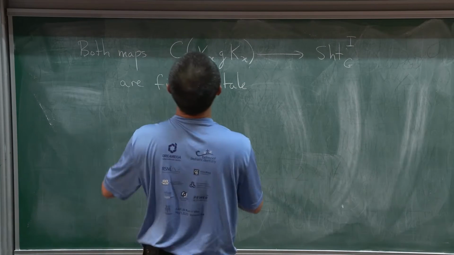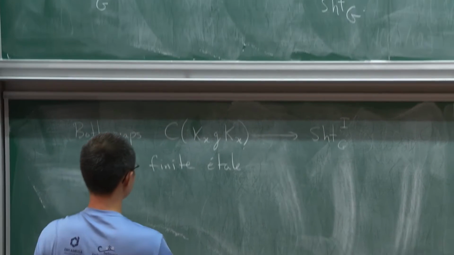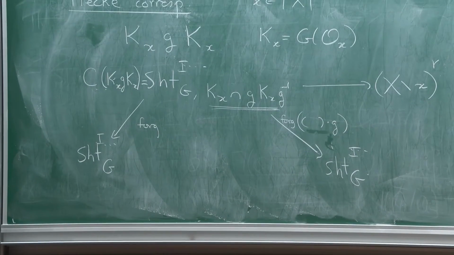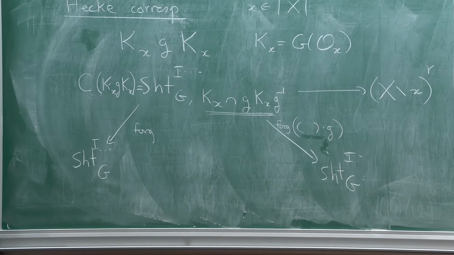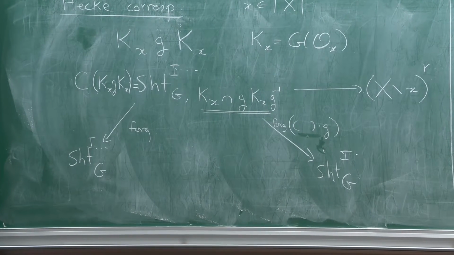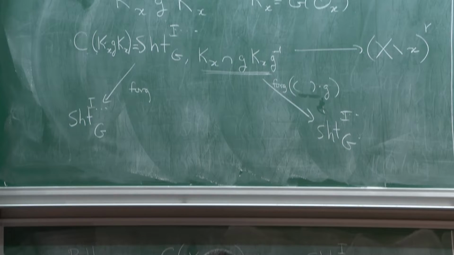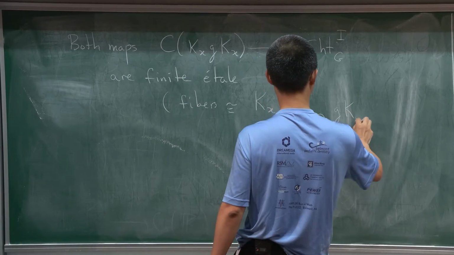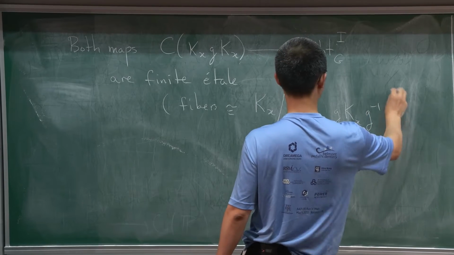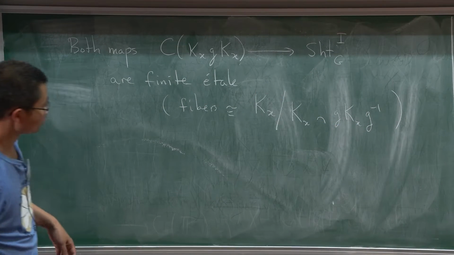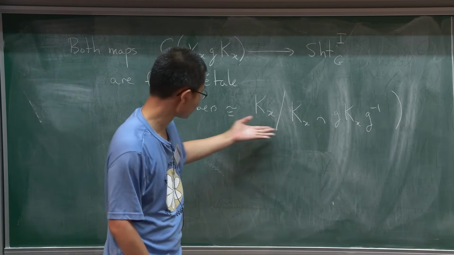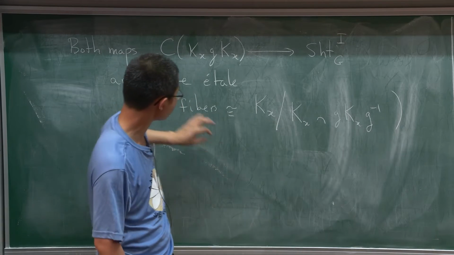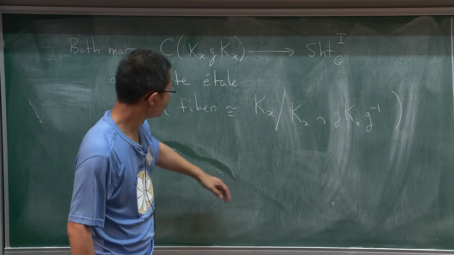Okay, so the fibers, just as in the classical story, look like the difference of the level groups. This at least is saying there are this many points in the fiber geometrically.